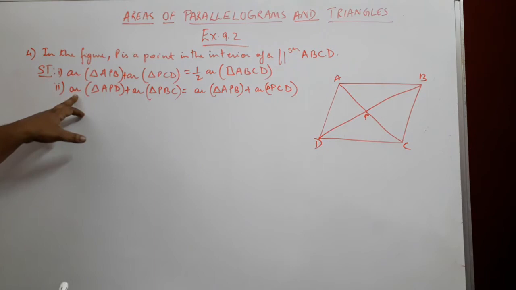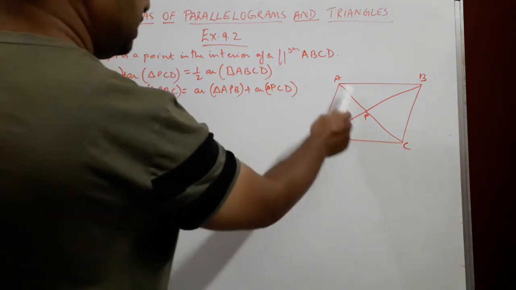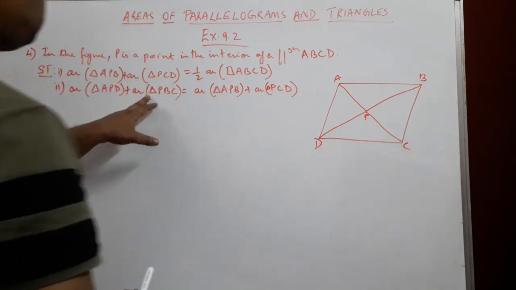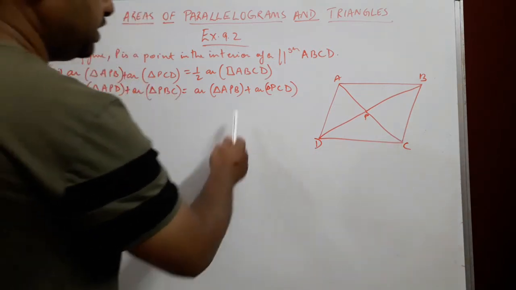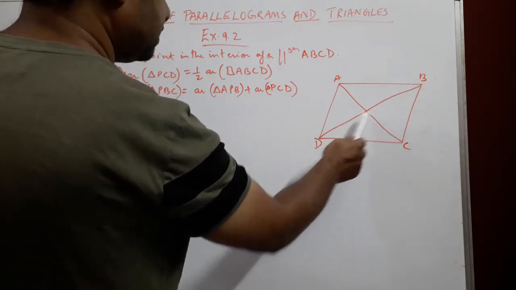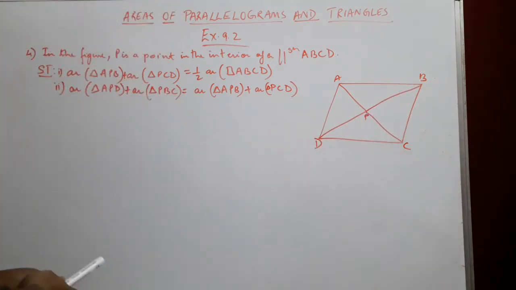The other one we need to prove is area of triangle APD plus area of triangle PBC is equal to area of triangle APB plus area of triangle PCD. So to establish a relationship between all these triangles and also the parallelograms, we'll have to do some construction, without which we will not be able to solve this.